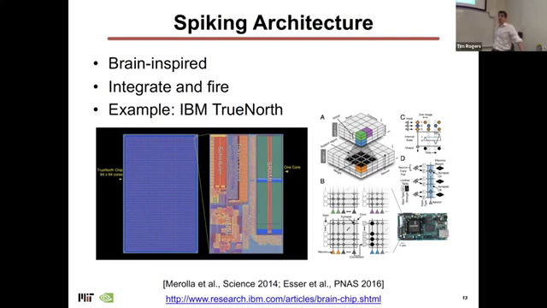In theory, it could be much more energy efficient than the alternative, which is neural nets, which is what we'll talk about pervasively in this class, because these are doing essentially a bunch of math, whereas you could much more efficiently transmit these electrical signals with these spiking networks, and in theory do the same thing in a much more energy efficient way.